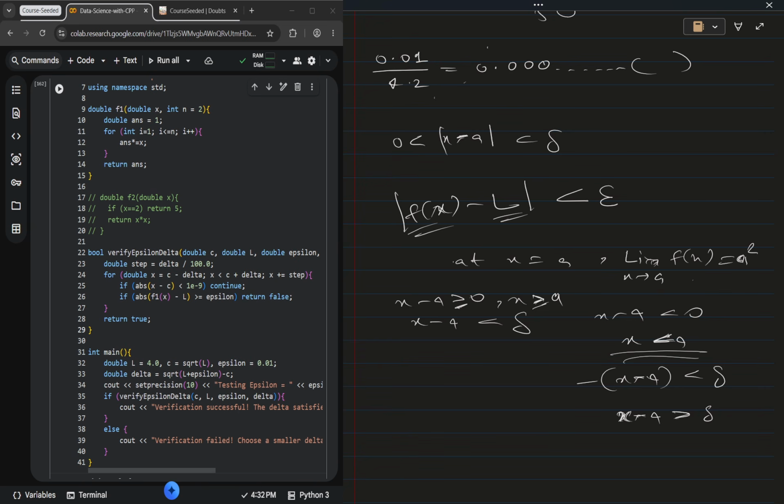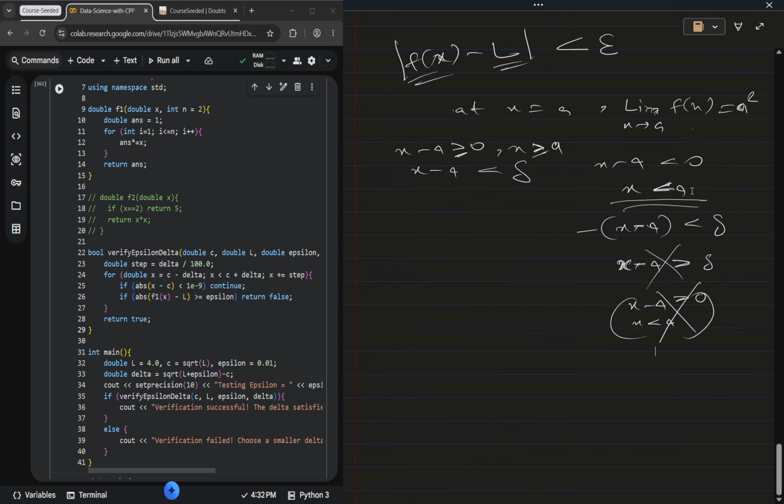But since we have x less than a, this is not possible at all, because delta was supposed to be greater than 0, if you remember correctly. So x minus a has to be greater than 0 at least, which is not possible with x less than a.